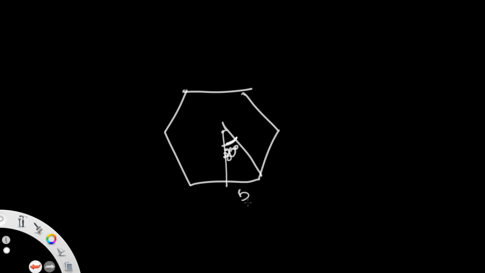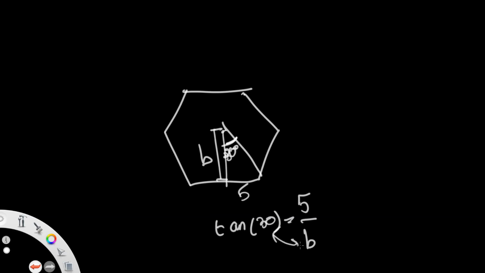And since we know that this is 5, we could do tangent 30 is equal to this line measure over here, which is 5, over this missing side, which we could call B. So all we need to do is replace these two and get B equals 5 over tangent 30, or the apothem is 5 over tangent 30.